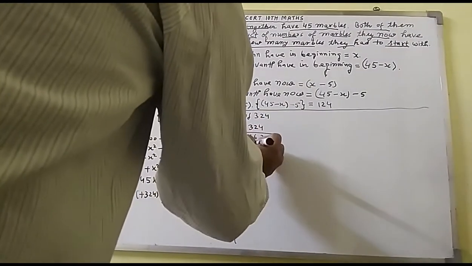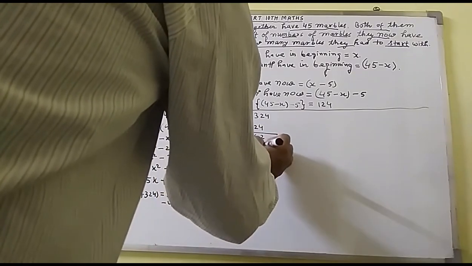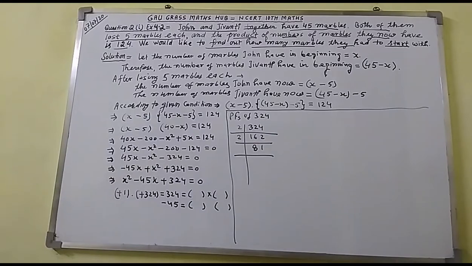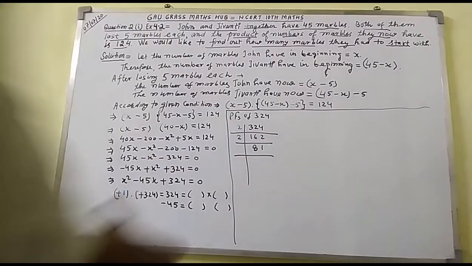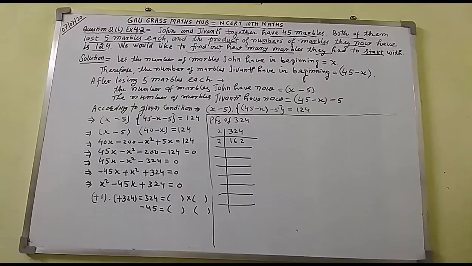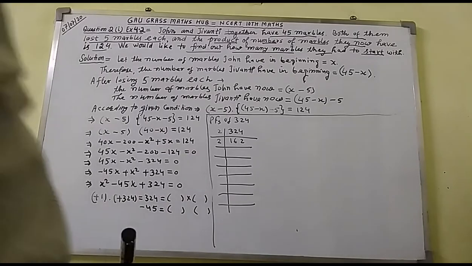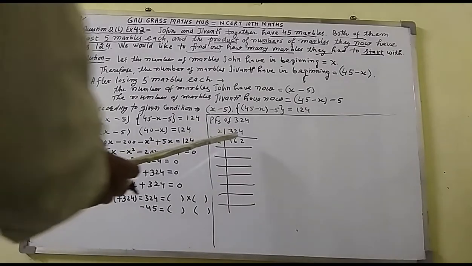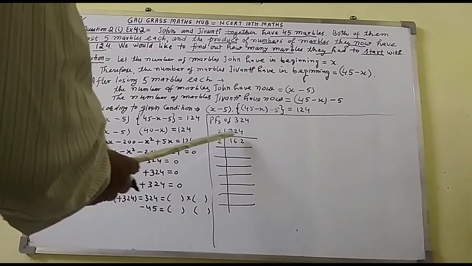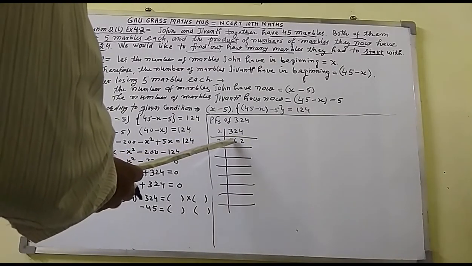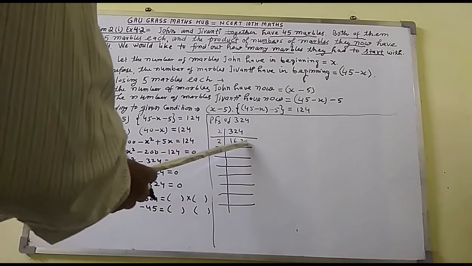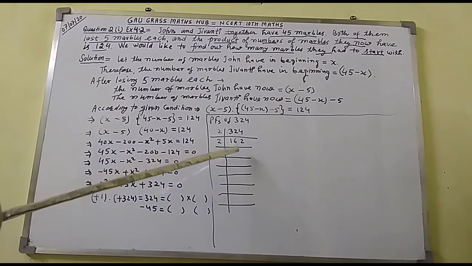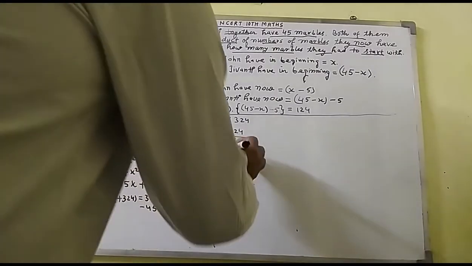You will get 81. 81 can't be divided by 2, so you divide by 3.